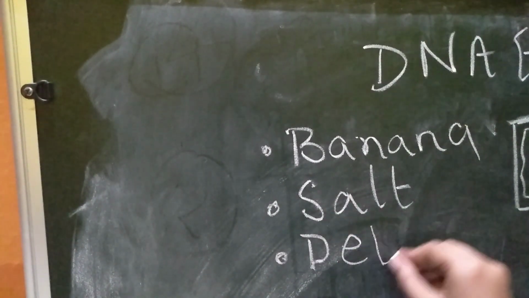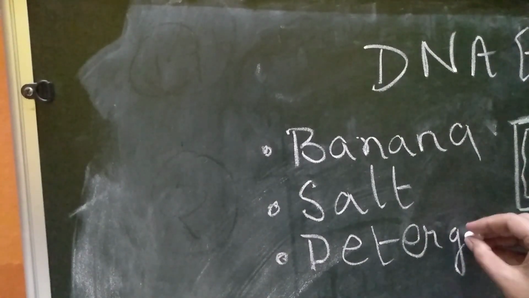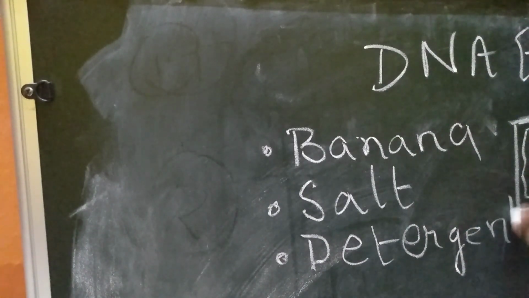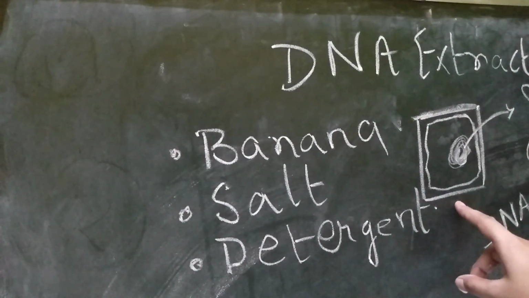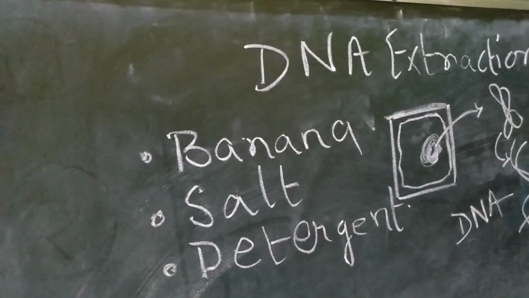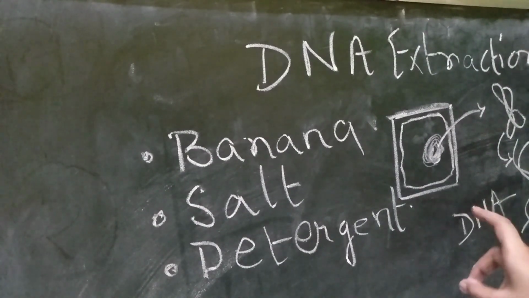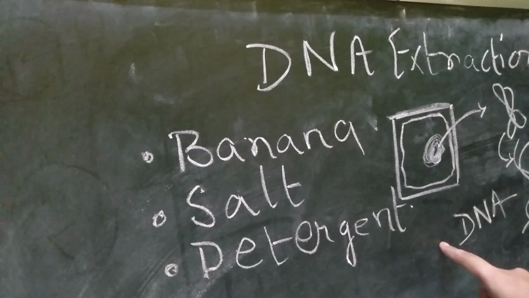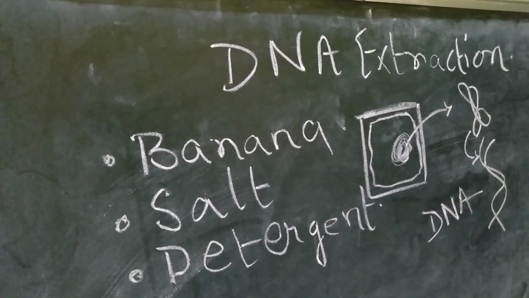Students, I think you will be surprised about what the use of salt and detergent is in DNA extraction. As we have studied the structure of the cell, the cell has a cell wall, and the cell wall of the plant is very much indestructible. If you want to see the DNA of the cell, you have to open this cell wall, which means you have to destruct the cell wall.